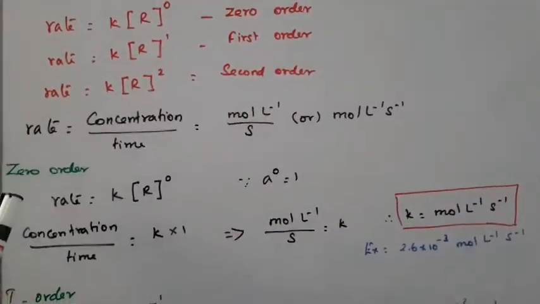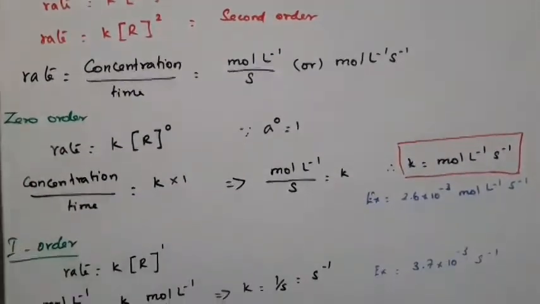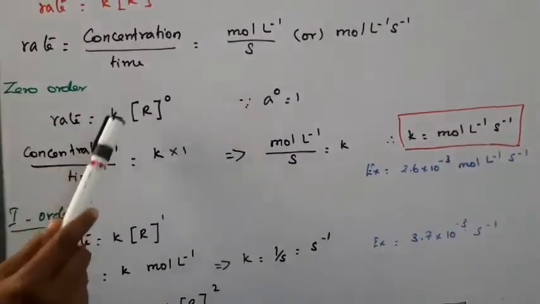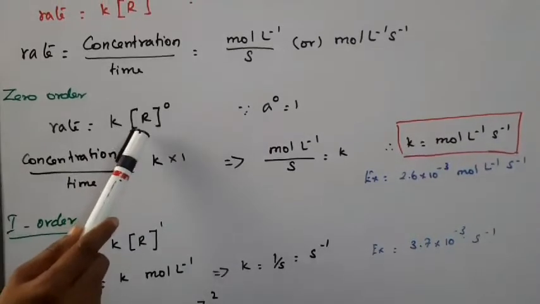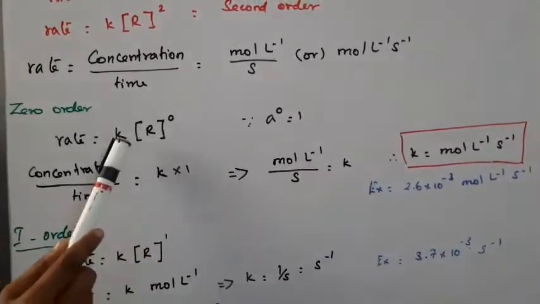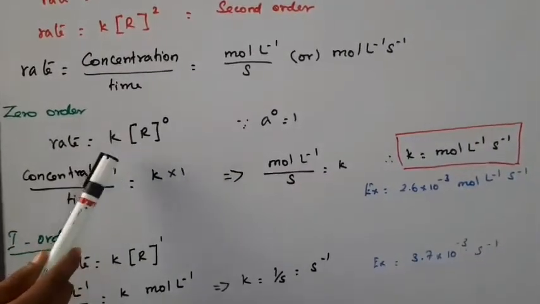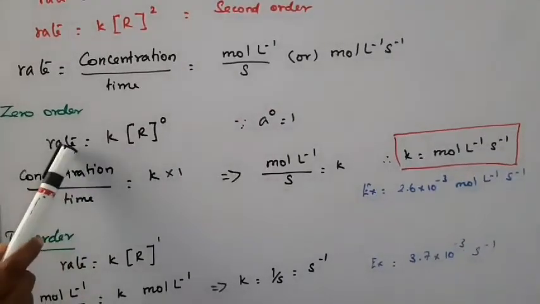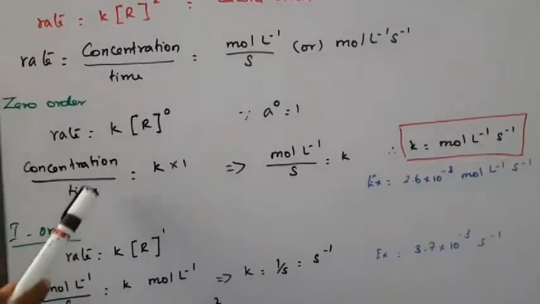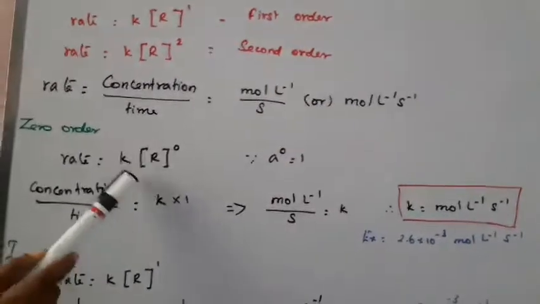Okay, right. So now we are going to find the unit of zero order, first order and second order. For zero order, rate equal to the rate constant times the concentration of reactant raised to the power 0, that is a zero order reaction. We already know that rate equals concentration with respect to time equals K, the rate constant.